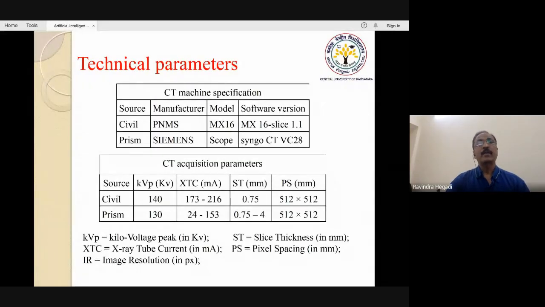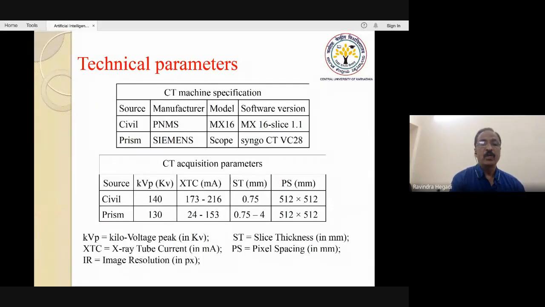If we look at the technical parameters of the images we collected, there are two devices we used. In the civil hospital, the device used is PNMS, model MX16, and I have mentioned its software version over here. In Prism, a Siemens device is used for collection of the images.